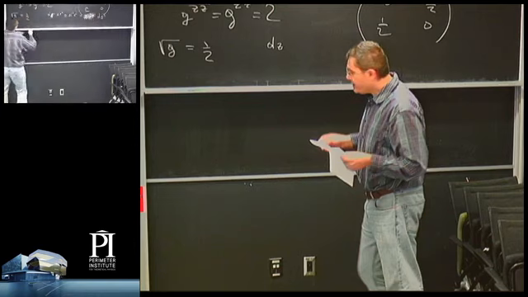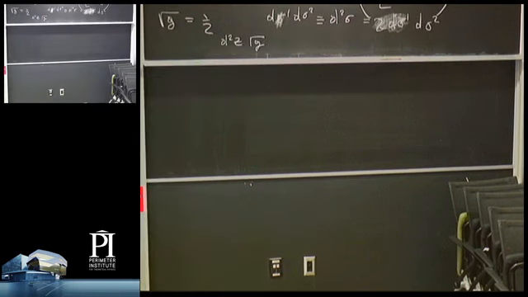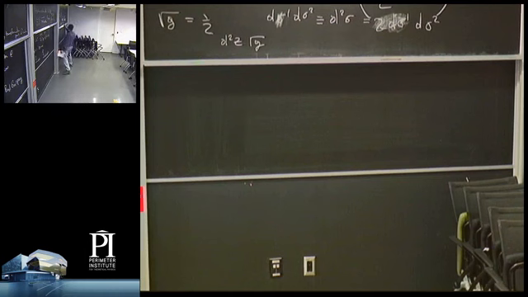And so what you see is that the invariant area element stays unchanged. So this becomes the same as the d2 sigma.